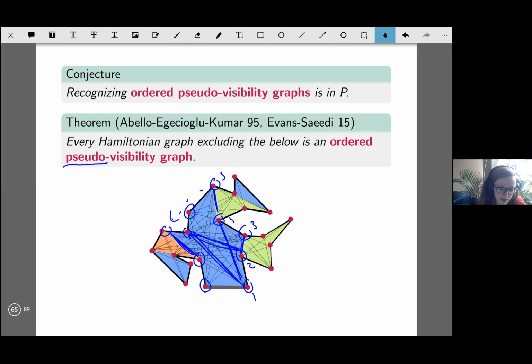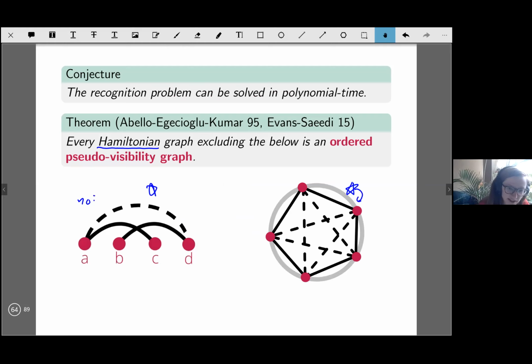So another thing which is nice about this is that you can test both of these properties in polynomial time. You can certainly, in time n to the 4th, test and see if you have this configuration on the left, but also you can test for these induced cycles of length at least 4 in polynomial time.